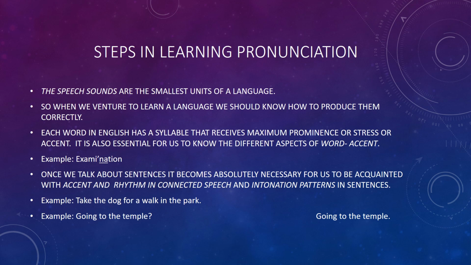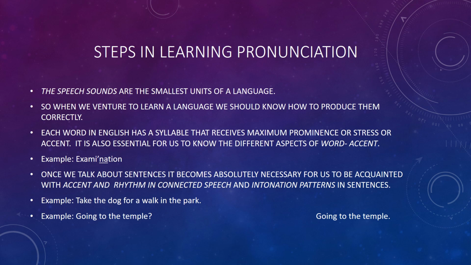Pronunciation. In this word, the syllable 'nun' is receiving the prominence or the stress or the accent. Language. The first, initial syllable is receiving the stress in this word. So, we need to know about the word accent in English.